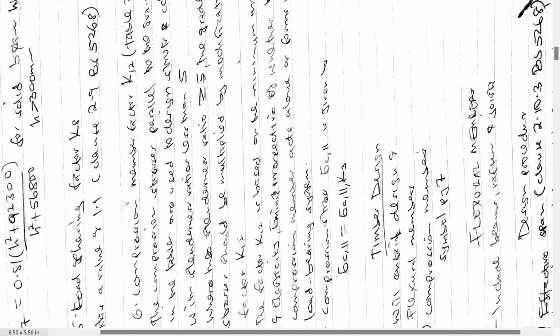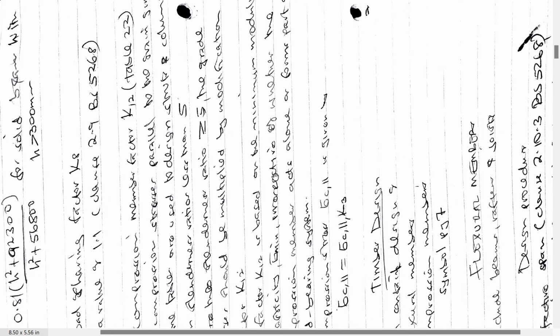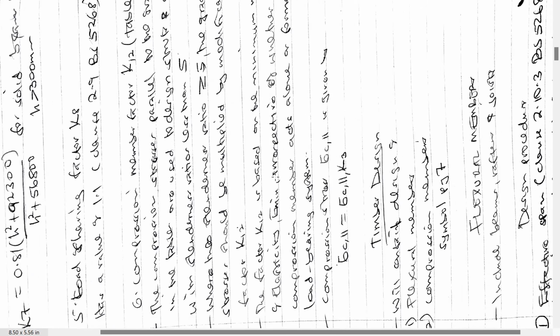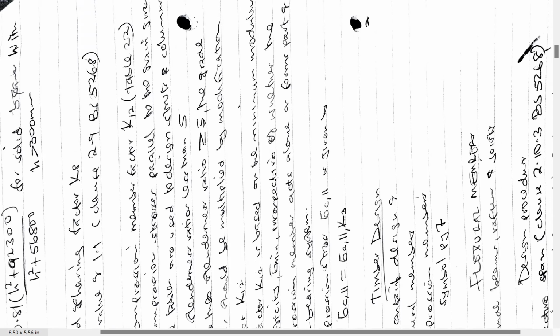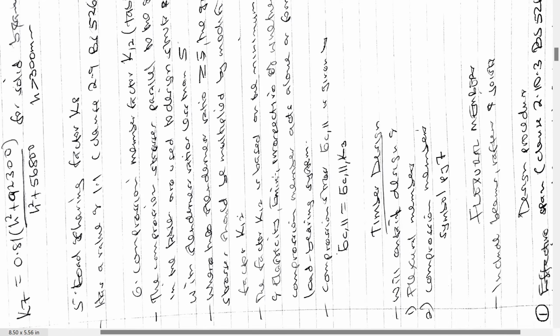I use E minimum, irrespective of whether the compression member acts alone or forms part of the load sharing system. So the compression stress parallel to the grain is equal to the compression stress multiplied by K3, which is load duration factor.